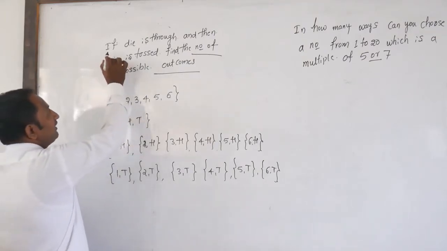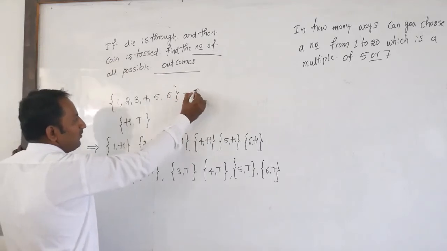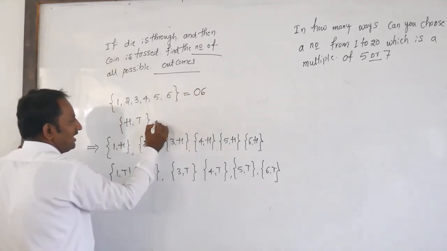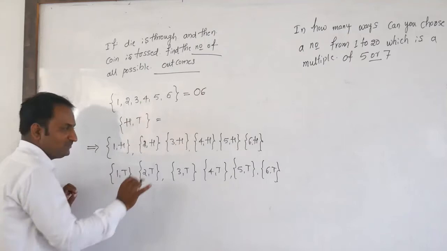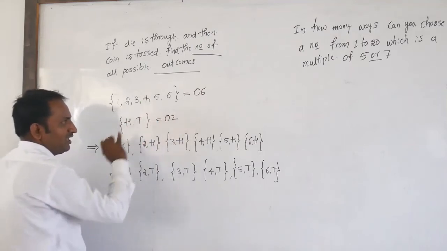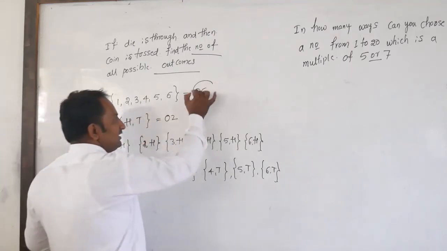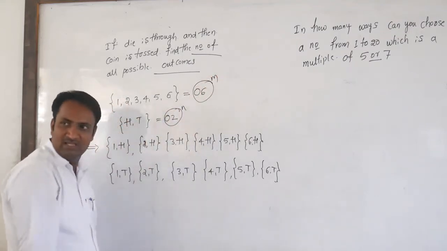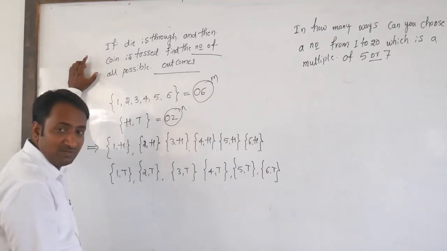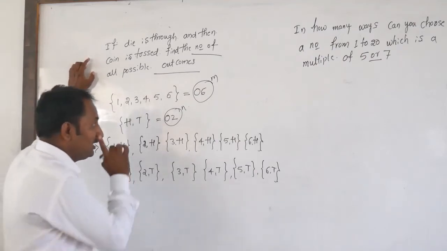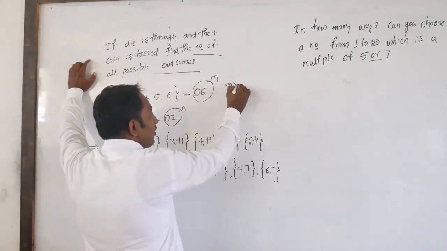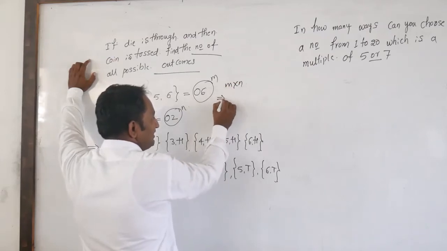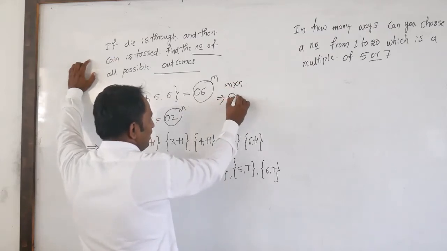If a die is thrown, the total possibility is 6. If a coin is tossed, the total possibility is 2. This is m ways, and this is n ways. In the fundamental principle of the multiplicative process, there are m cross n possibilities, that implies 6 into 2.